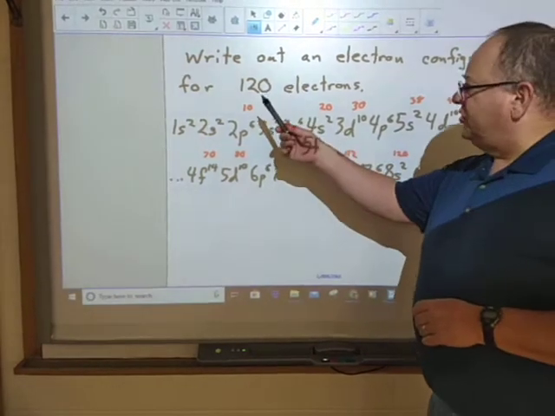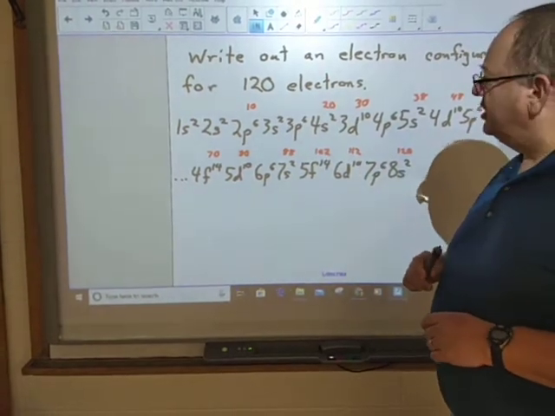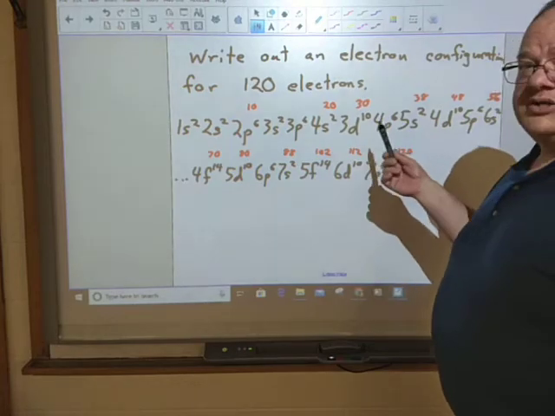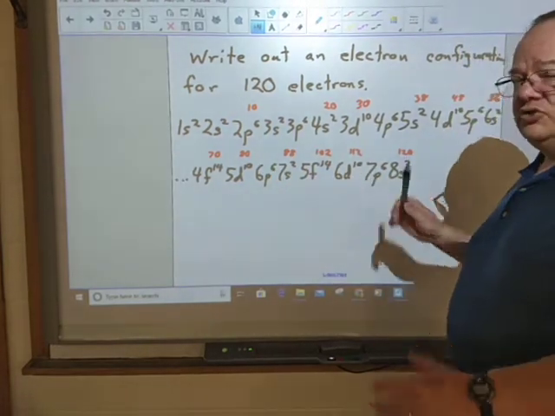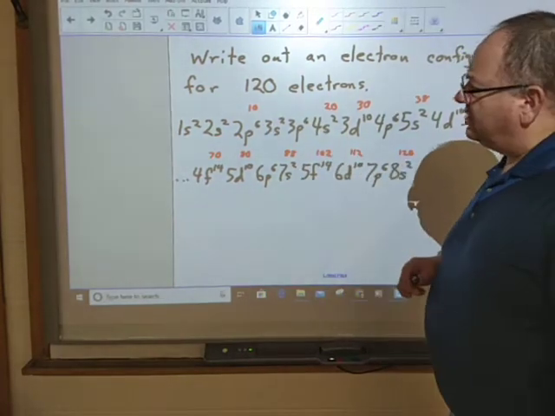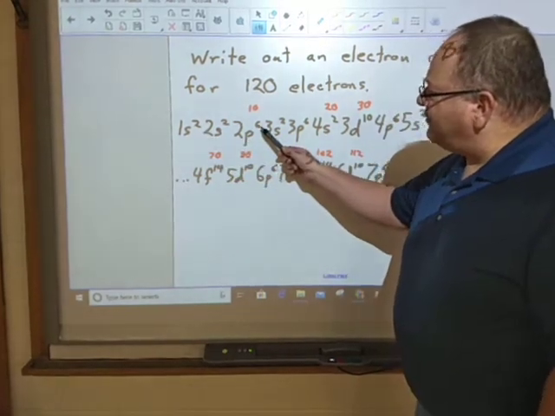Here again, I'm doing the same thing. I wrote out an electron configuration for 120 electrons. So when you write yours out, you could pause on this for just a little bit and look through and try to see, did you match? Now you see these red numbers I wrote in? That's not actually part of the configuration, but that's me just doing a little counting and saying, all right, at this point I'm up to 10.